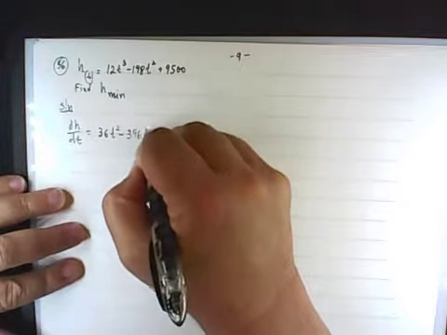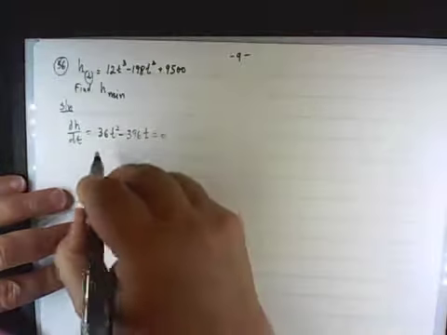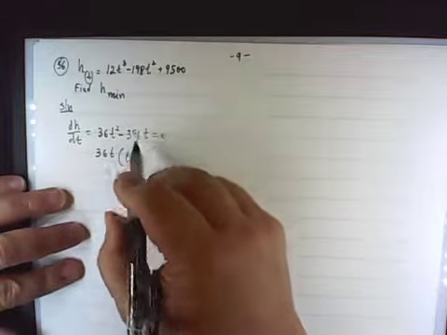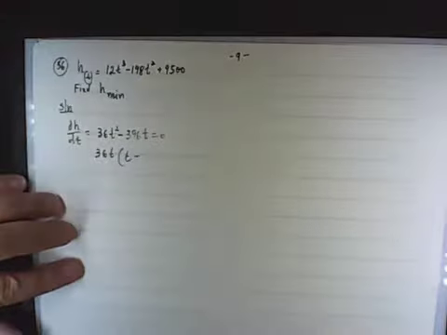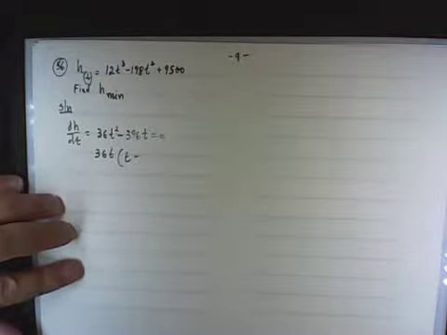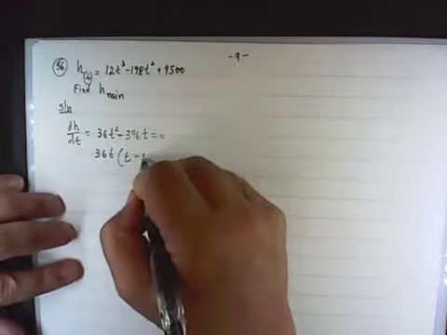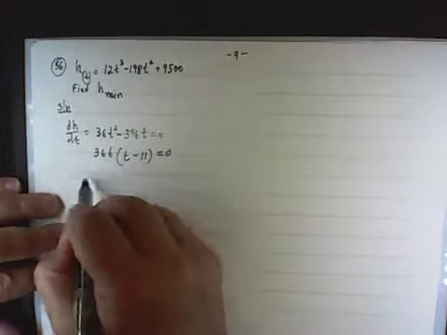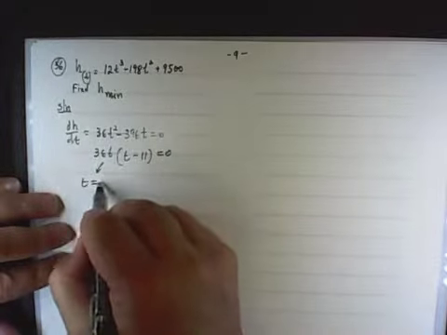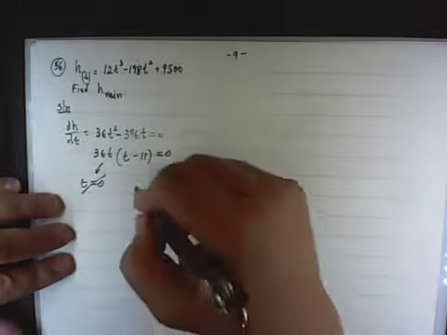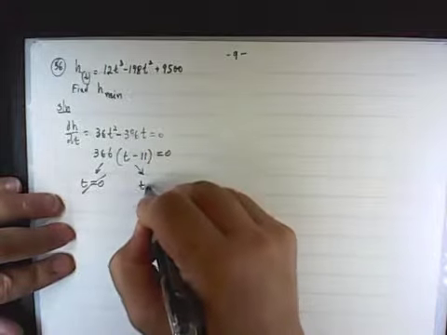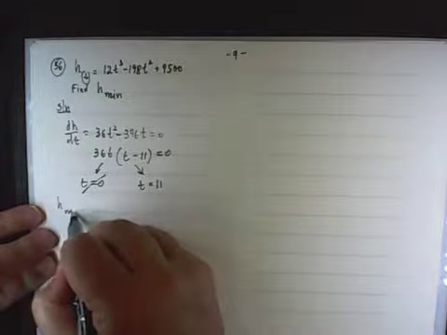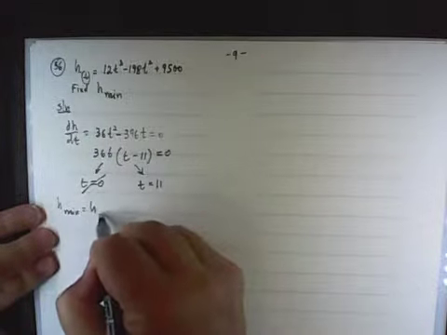So that equals 0, factor 36t and get t times (t minus 11). One solution is t equals 0, but reject this solution, that's at the beginning, and the other is t equals 11. So the altitude will be h minimum, h at 11.